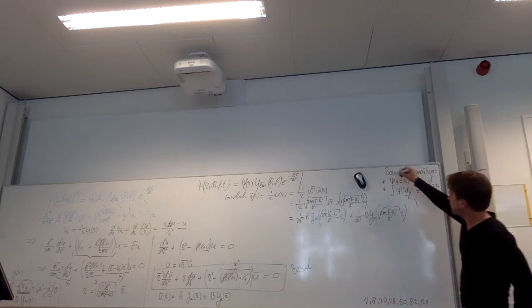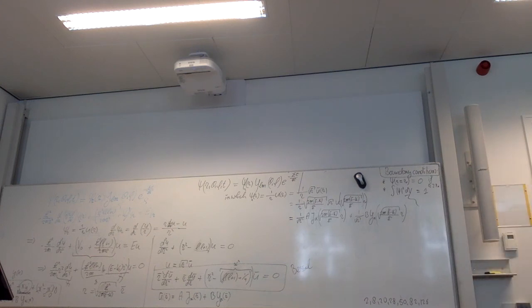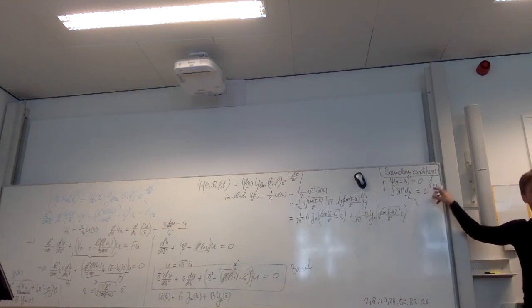Well, one of them is kind of a trick question. There's another boundary condition. I can totally forgive you for not thinking about this yourself. Not only does this integral have to equal 1, it also has to not equal infinity. There was some grammar wrong in that sentence, but you know what I mean.